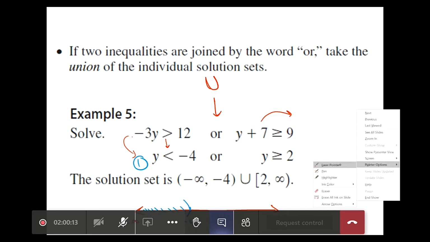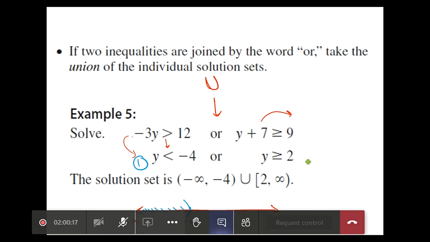The second one, this one, we have y greater than or equal to 2, so we have 2 closed going to infinity. So what's the solution? This is the union. We take the two regions.